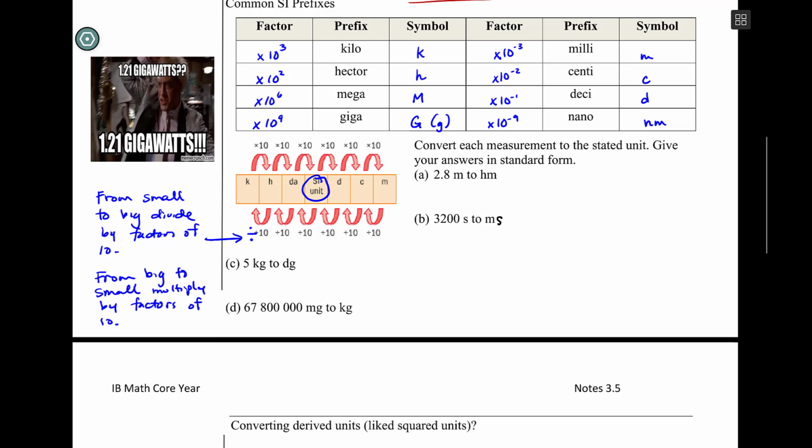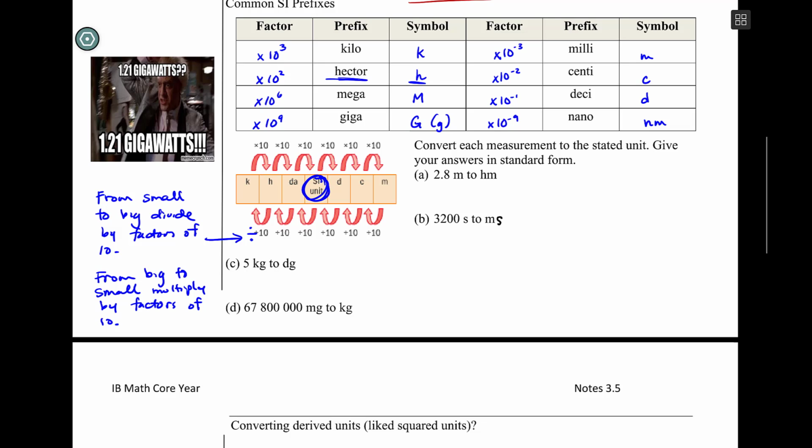Okay, so let's go ahead and do some practice with converting these one-dimensional units by moving across this table. We want to make sure we give this in standard form, which we know is scientific notation from our last lecture. We're looking at converting 2.8 meters to hectometers. I know that hectometers are over here, and they have that abbreviation H. So that means I'm moving from this base SI unit in this direction.